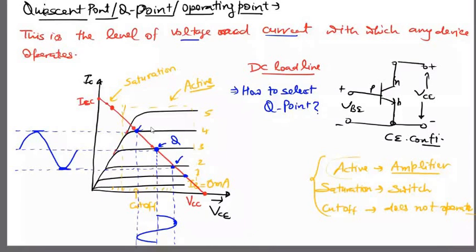And now another term, this is called biasing. What is biasing? BJT biasing is used to stabilize the Q point. Why do we go for biasing? Because for stabilizing the Q point, we use biasing. There are mainly three types of biasing.